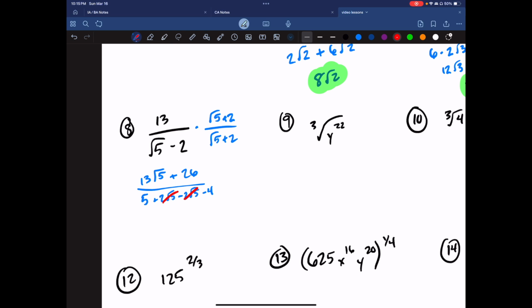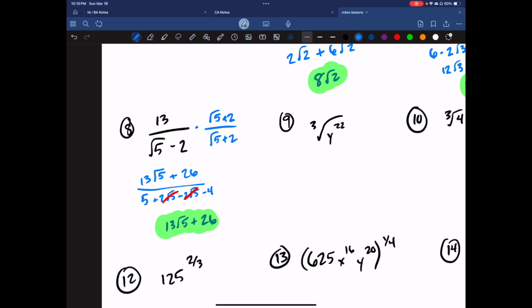Where you start with radicals, you're going to end up with a whole number. Okay, and now I have 5 minus 4, which is 1. And anything divided by 1 is itself. So it turns out that my new numerator is my answer. So not bad.